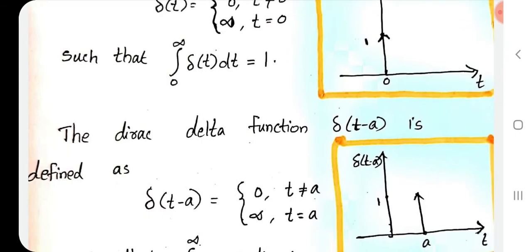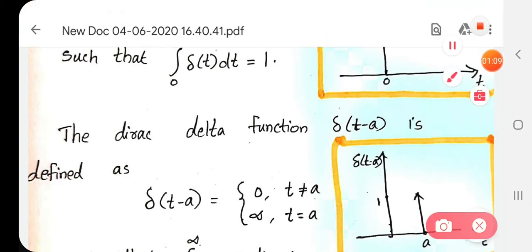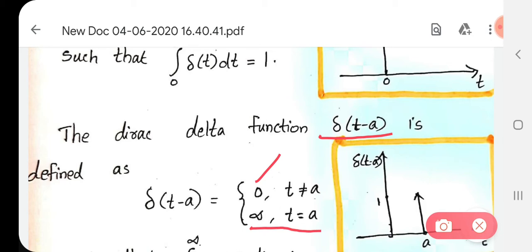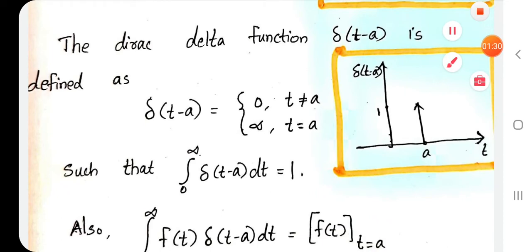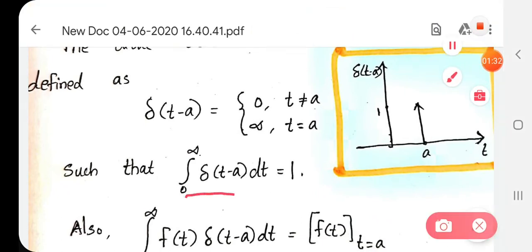The Dirac delta function is defined in another way as delta t minus a, equal to 0 for t not equal to a and infinity at t equal to a, such that integral 0 to infinity delta t minus a dt is equal to 1.